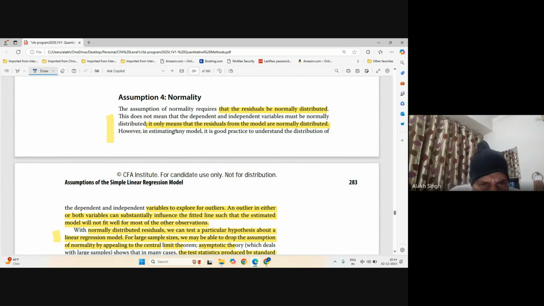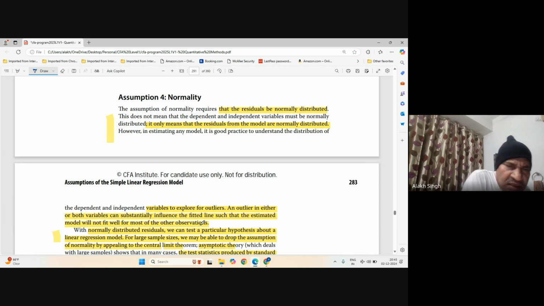However, in estimating any model, it is good practice to understand the distribution of dependent and independent variables to explore the outliers. If there are outliers, then the error terms will not be normally distributed. An outlier in either or both variables can substantially influence the fitted line such that the estimated model will not fit well for most of the other observations.